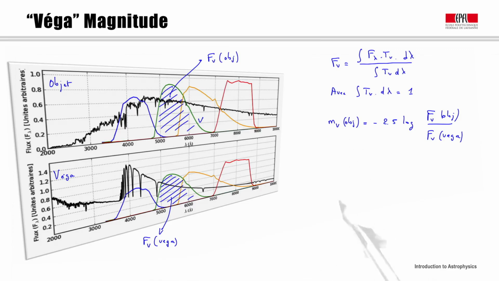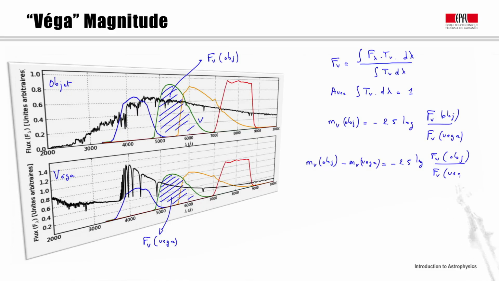There is something here we don't see, because in fact, we said that this is also equal to the magnitude in the V band of the object, minus the magnitude in the V band of Vega. And this is equal to, now by definition, the Vega magnitude in the V band is equal to 0. So the magnitude of the object is the same as this one. Therefore, the magnitude of an object equals minus 2.5 log of the flux, and it is always rescaled to Vega.